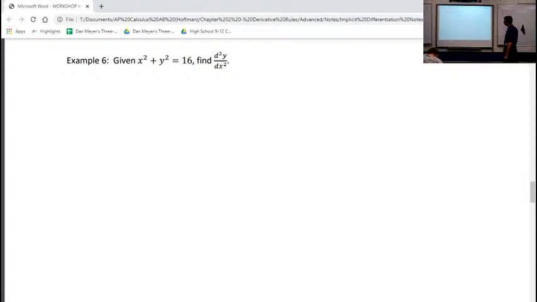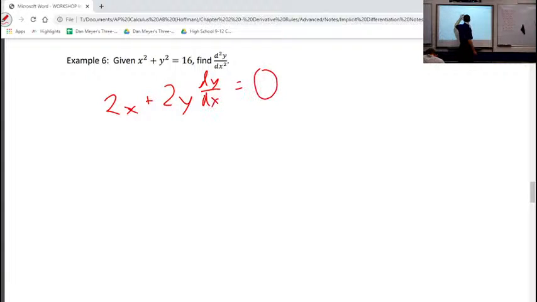Here we go. The first derivative should be nice and easy. Derivative of x squared is 2x, plus derivative of y squared is 2y, but I took a derivative of y, so I need a dy dx, equals derivative of 16 is 0.